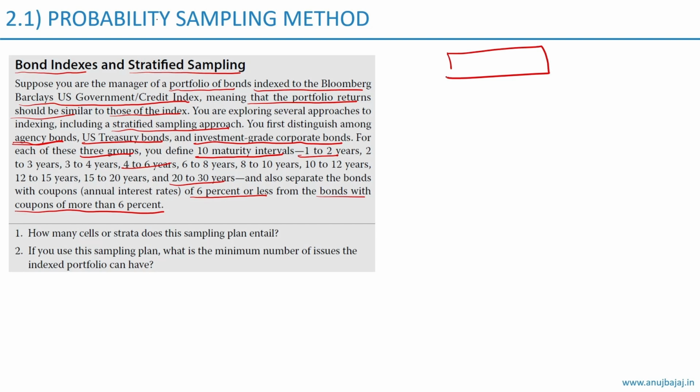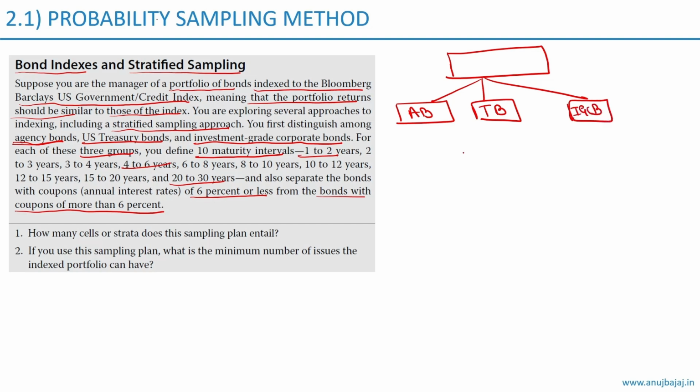So this is the entire population of the index. And within the index, we have 3 strata. The first is the agency bond. Then the second one is the treasury bond. And the third one is the investment grade corporate bond.